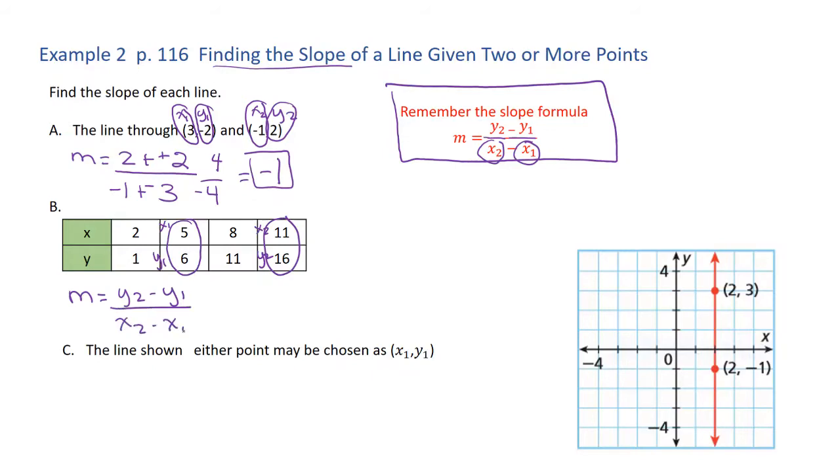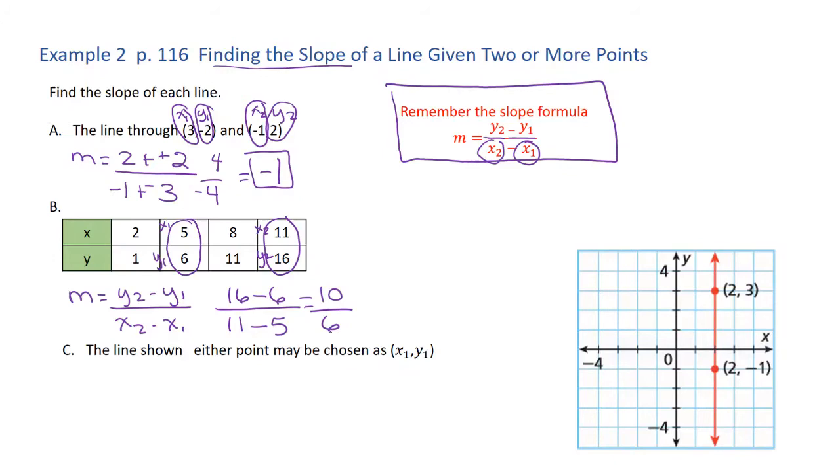All right, so let's go for it. y2 is down here, 16, minus y1, which is 6. And all of that is over x2, which is 11, minus 5 for our x1. So now all we have to do is subtract. 16 minus 6 is 10, and 11 minus 5 is 6.